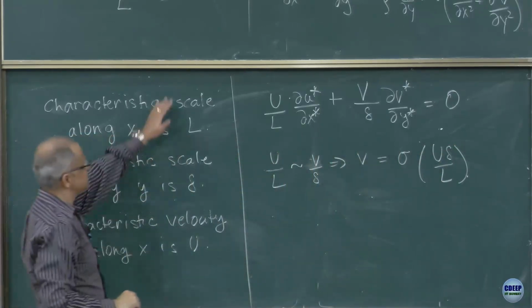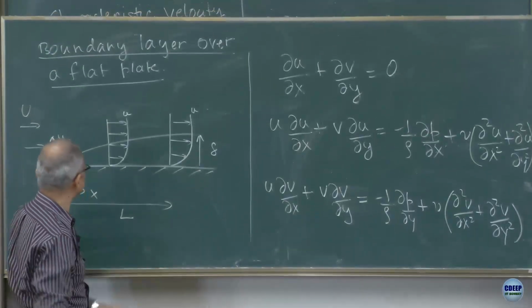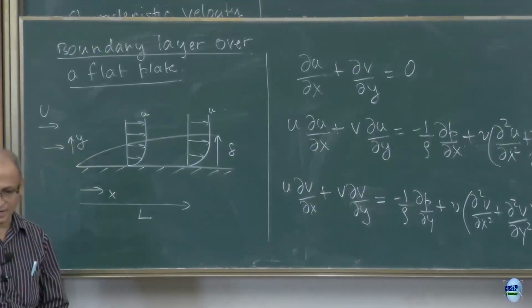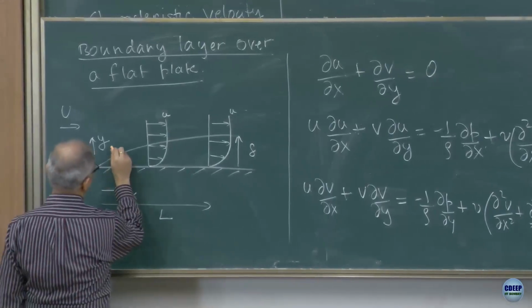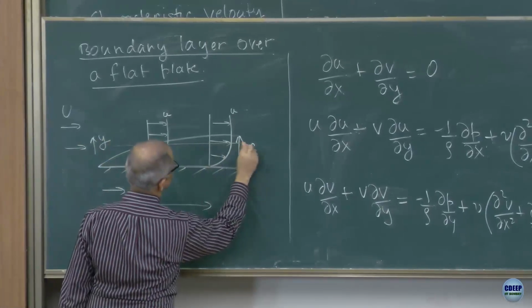Okay, so maybe before this, let us appreciate what is happening here. Let us say I take a constant Y line. This is my constant Y line. This is where my Y is not changing.